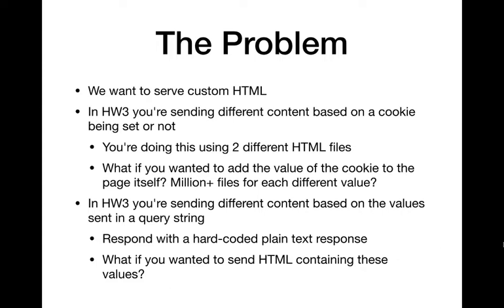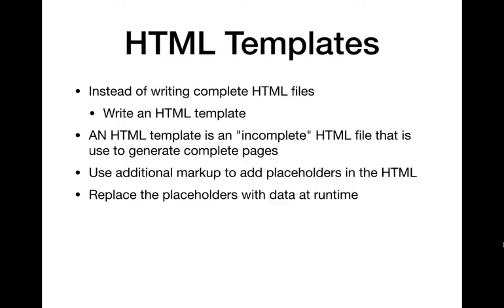So what if we do want to put this information in HTML? That's where we're going to use HTML templates. Instead of writing all of your HTML in a file and having a fully written page in a .html file, now we're going to write incomplete HTML files with some placeholder variables and a little bit of extra markup to be able to tell us how to finish this HTML file programmatically.